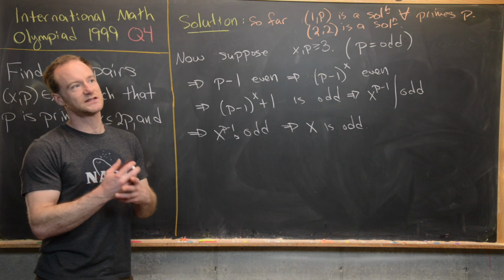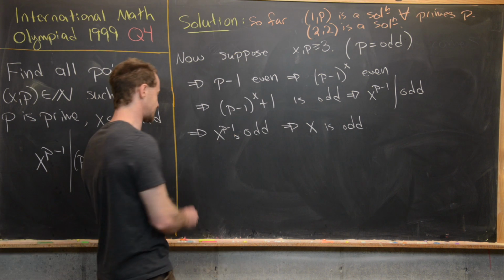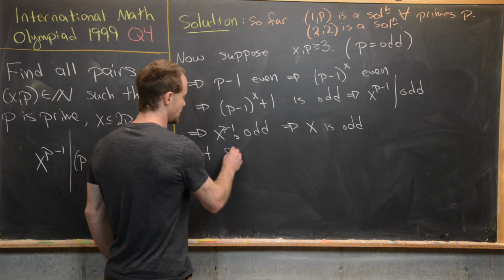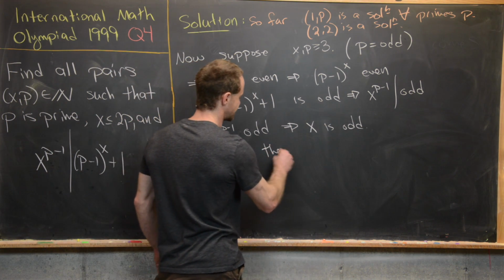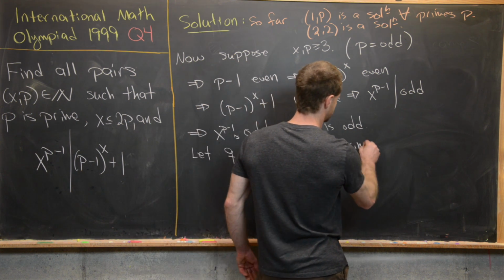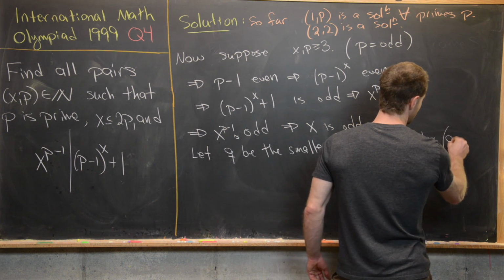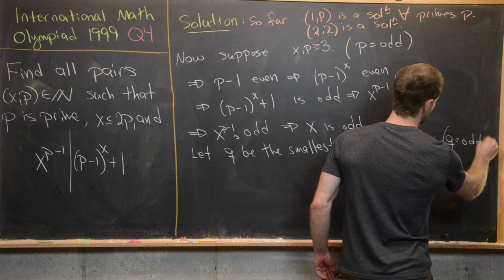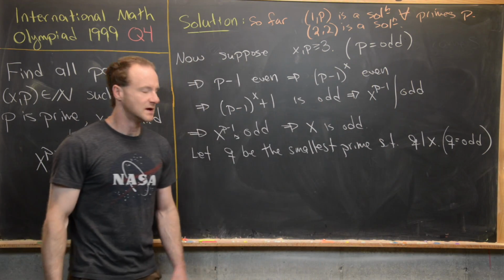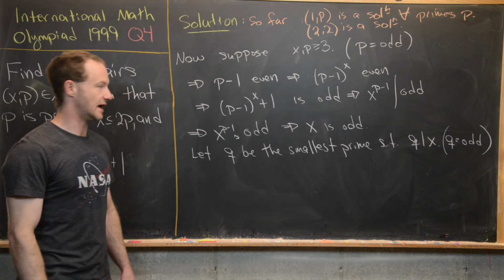And let's, since we've got a choice, take maybe the smallest prime that factors x. So let's let q be the smallest prime such that q divides x. And maybe notice really quick that that means that q is an odd prime. And that's because x is an odd number, so 2 is not going to divide x.